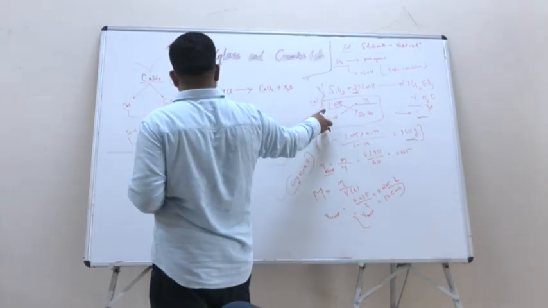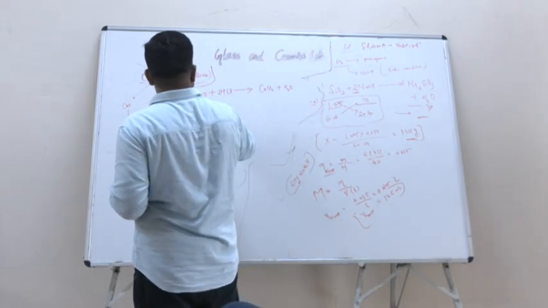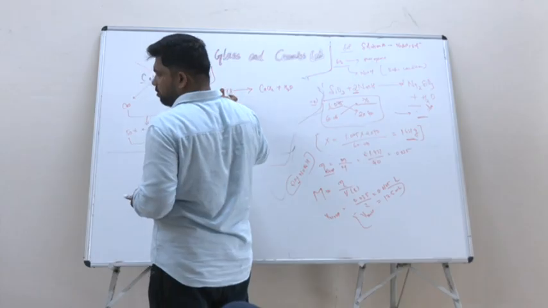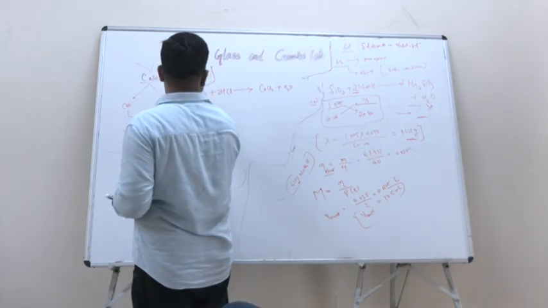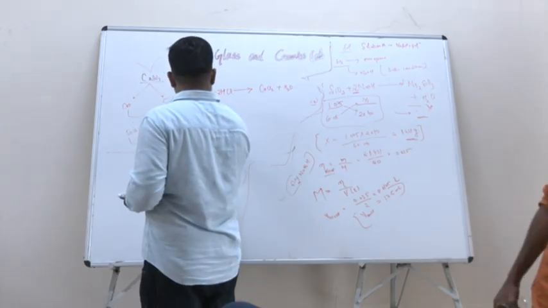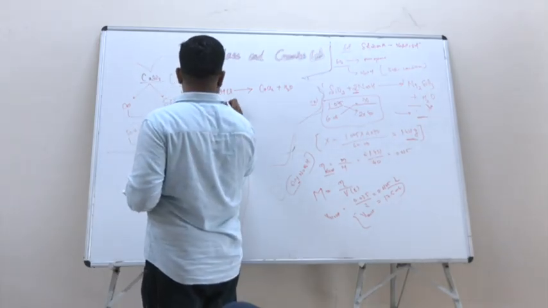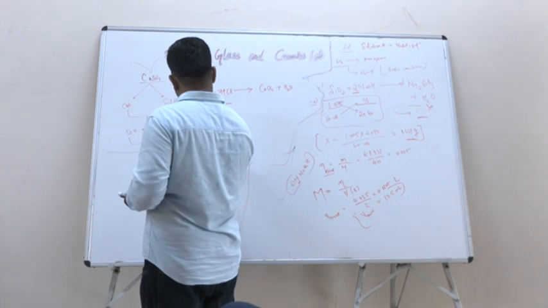Again, the same thing we did here, we will do the same. How much 2 molar HCl do we need to dissolve 1 gram of calcium oxide? We don't know this one, but we know this value.